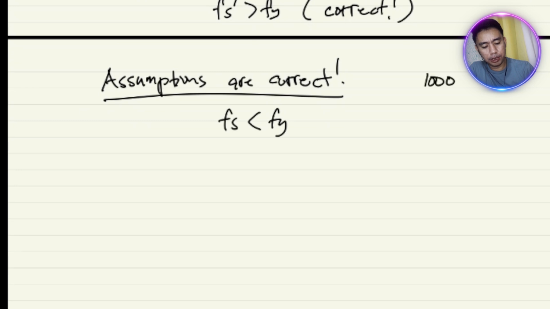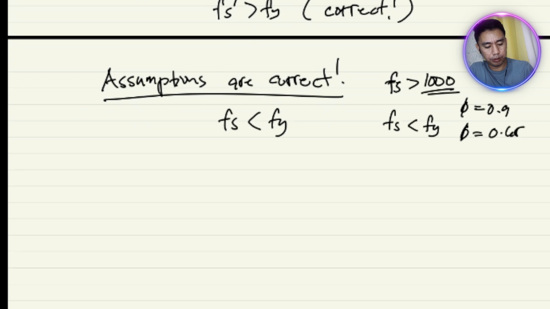Kung ang Fy is less than 1,000, yung formula ng phi ang gamitin natin. But kung greater than 1,000 yung Fy natin, yung phi is 0.9. Ang Fs natin is less than Fy, this is, ang phi natin is 0.65.